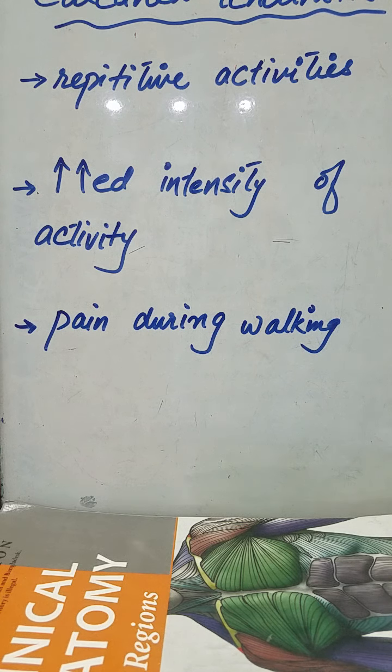For someone who is not very active, if he starts working out excessively, it can lead to calcaneal tendinitis. In addition to that, it can also occur in people who are active, but they suddenly increase the intensity of their workouts. So that could also lead to calcaneal tendinitis, and this results in pain during walking and running.